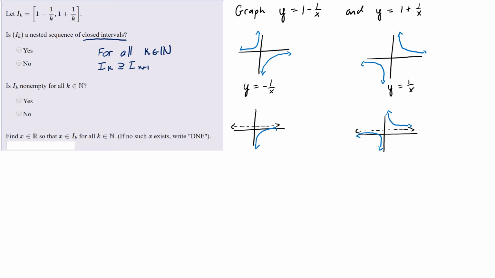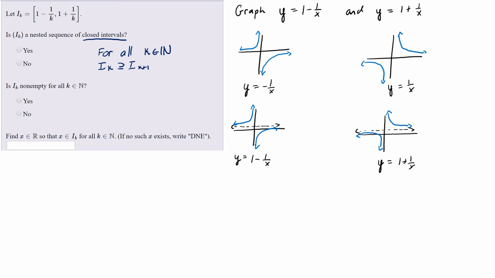Now, ultimately, we don't care about these inputs for the negative values. We're more interested in what these graphs are doing when x is a natural number. And so we can see here the graph for y equals 1 minus 1 over x, and the graph for y equals 1 plus 1 over x.